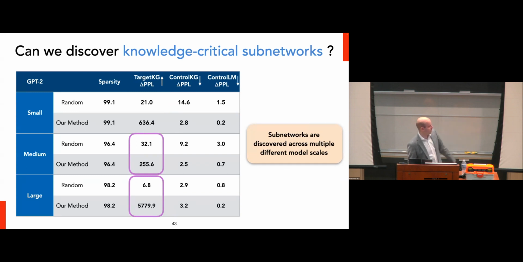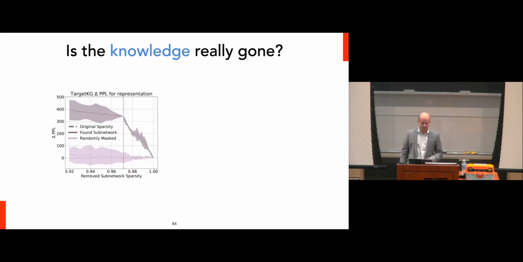And when we use GPT-2 large, we in fact see an amplification of those patterns. If you remove a random subnetwork, you barely change the system. And as you remove a knowledge critical subnetwork, you see much larger gains in delta perplexity compared to before. And you still maintain the delta perplexities on control KG and control LM close to zero.